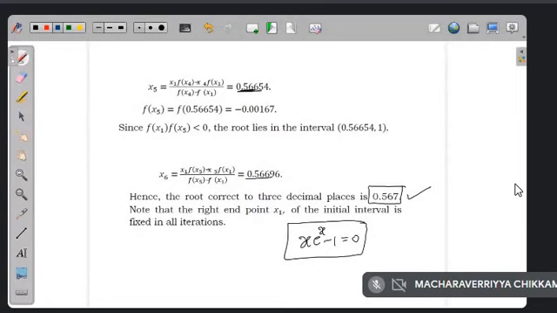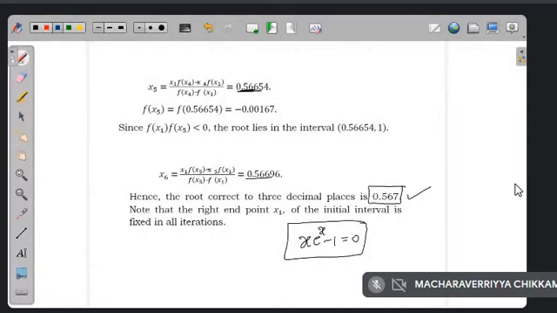Because in the bisection method, every time we are finding an interval in which the root lies. Suppose it is a repeated root, and the equation is a quadratic equation or an even degree equation, then it's not possible to find an interval.